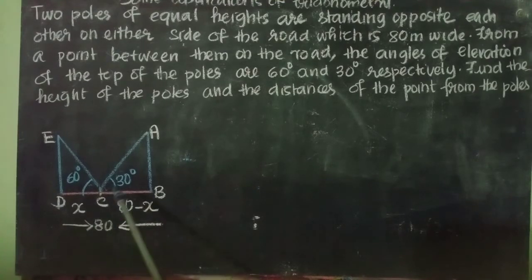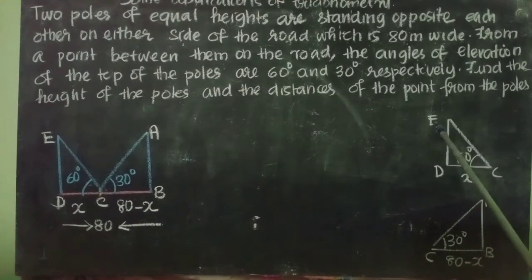Now let us draw the right triangles separately. The right triangles are triangle EDC with the acute angle 60 degree and triangle ABC with the acute angle 30 degree.